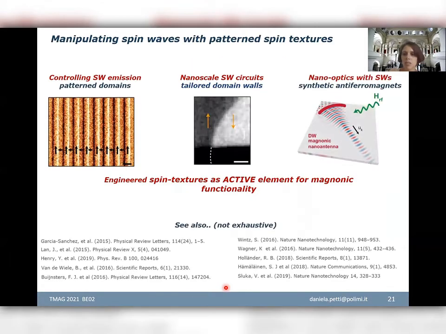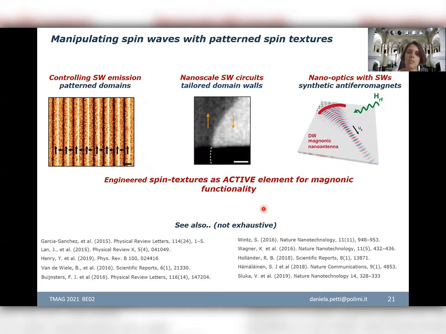Of course, there is a lot of work on it, and I will show you our example. Here, I will show you how we control spin wave emission with patterned domains. Then I will show you how to create spin wave circuits with domain walls. And in the end, I will show you how to create a nano-optics-inspired platform based on synthetic antiferromagnets.